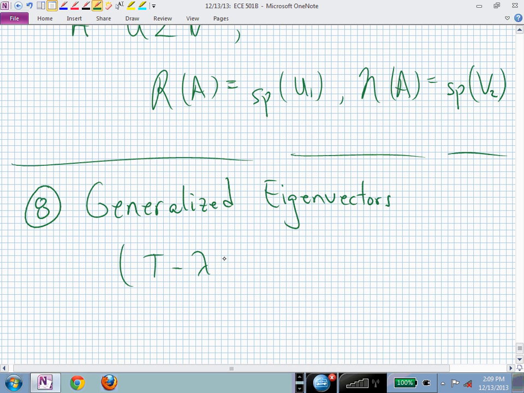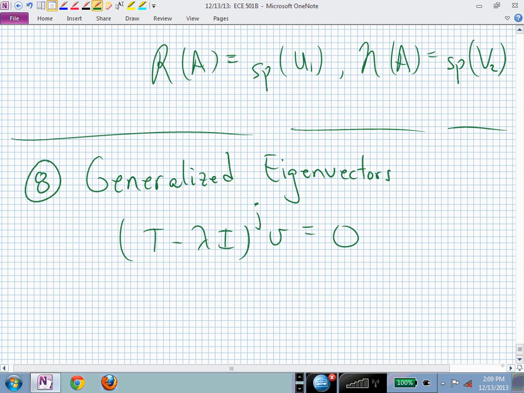In particular, we have (T minus lambda I) to the jth power times v is equal to 0. And if we can find these that live in that null space, those are the vectors that we call our generalized eigenvectors, where lambda is an eigenvalue.